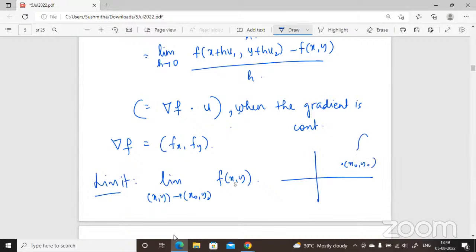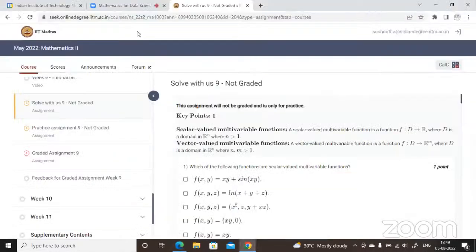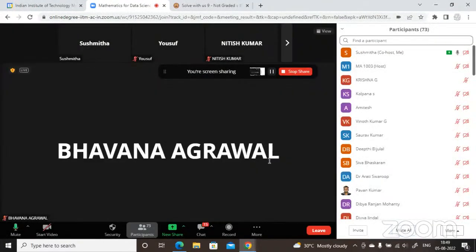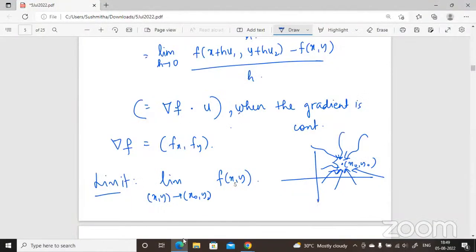But here we have infinitely many ways to approach this point. So the limit exists only if the limit along all the directions is equal. Only then the limit exists.